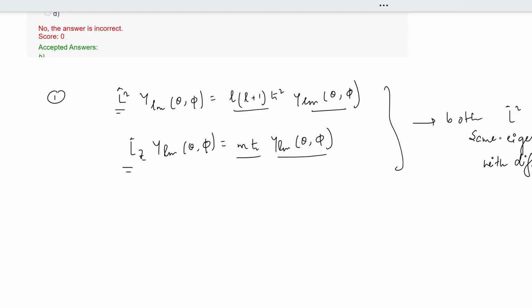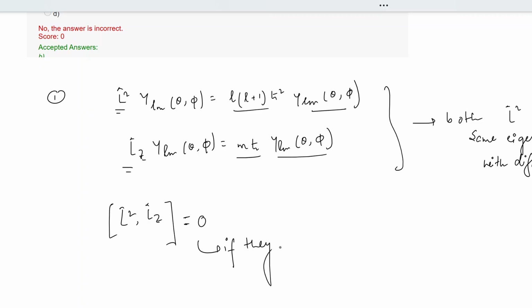So by this we already know that they have simultaneous eigenstates, but for the mathematical purpose of checking, we can also show that if the two operators concerned here commute with each other, then they will have simultaneous eigenstates.